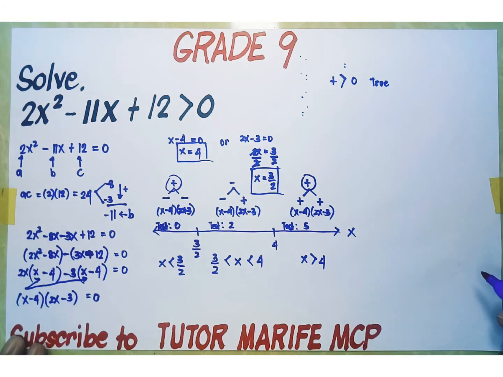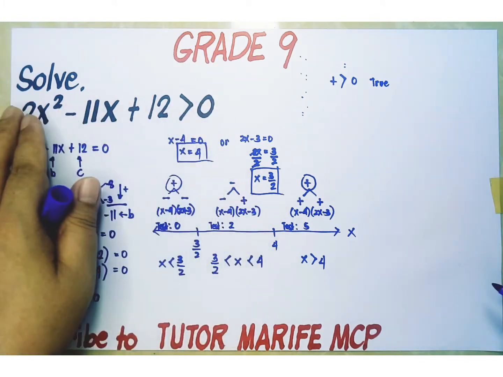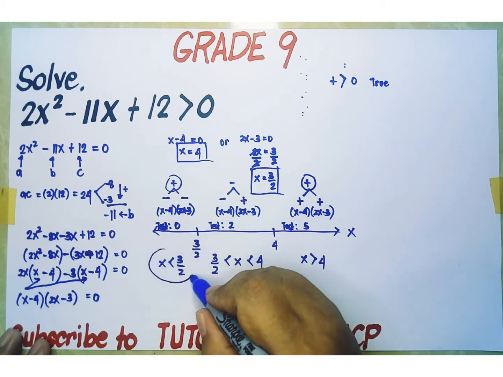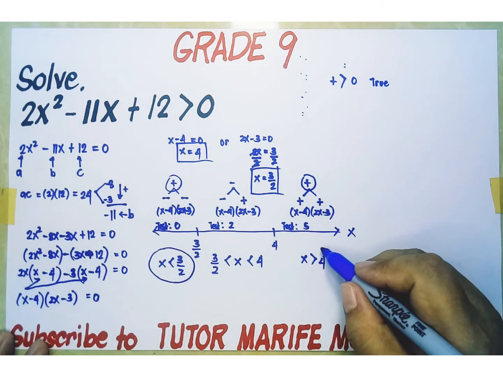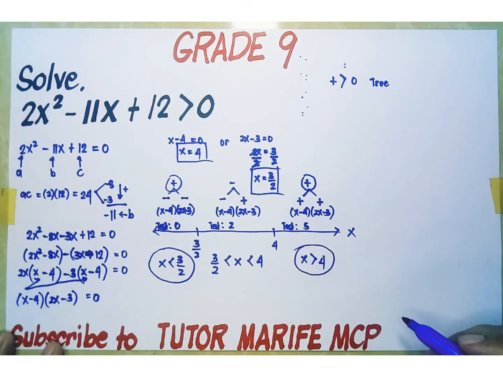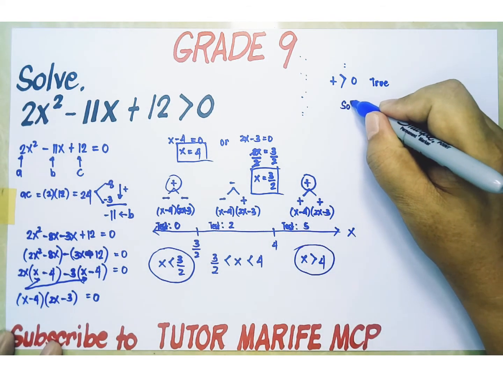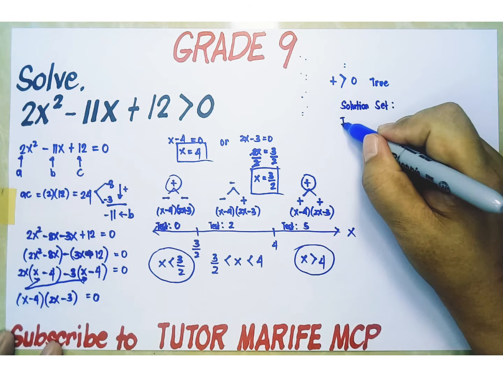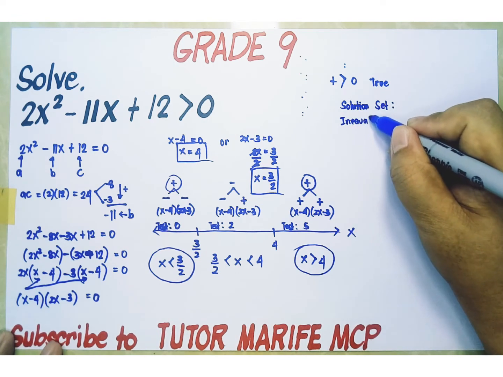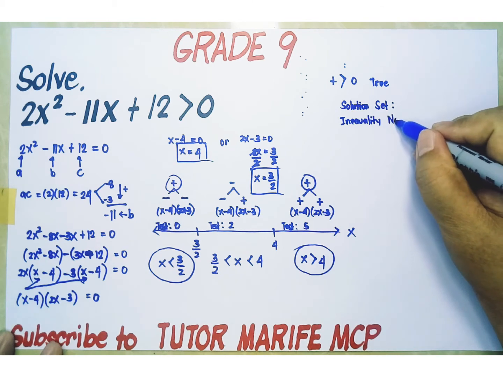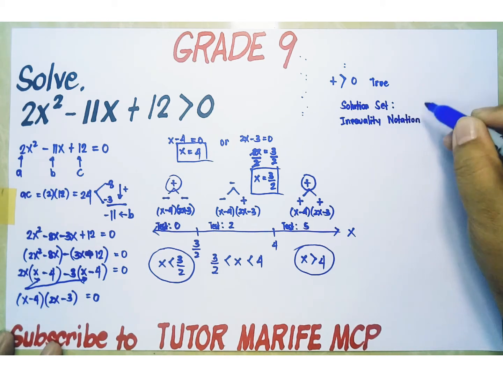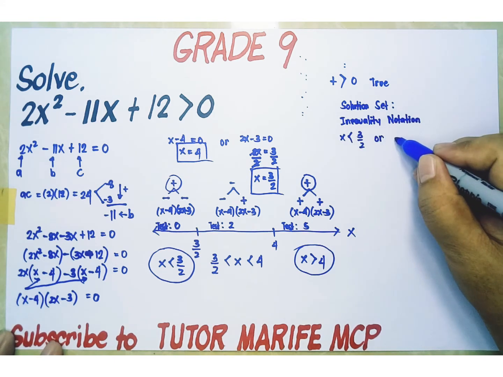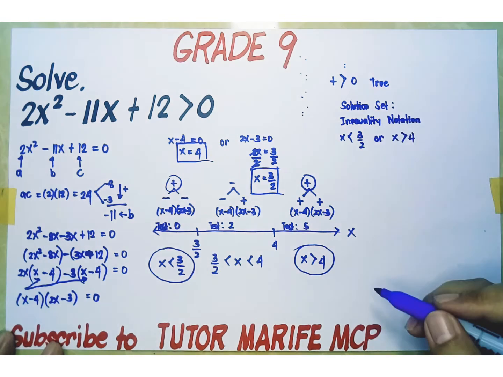So that means the intervals that will make this given inequality always true are x is less than 3 halves and x is greater than 4. So our solution set in inequality notation is x is less than 3 over 2 or x is greater than 4.